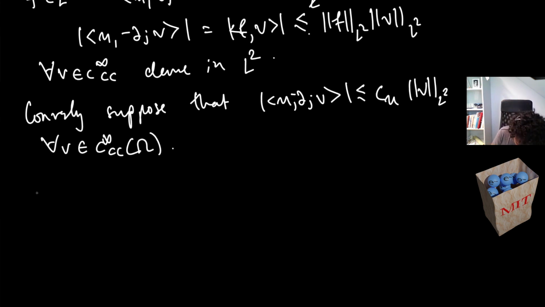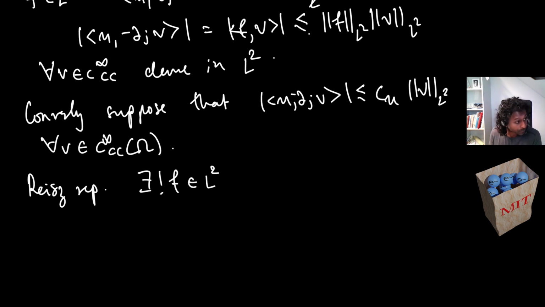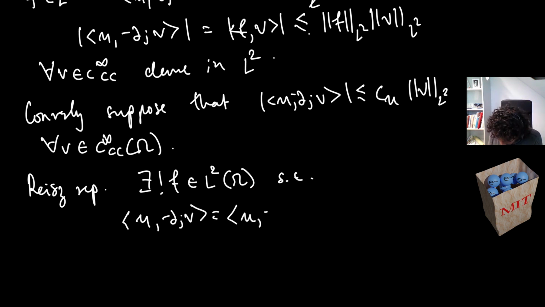So by the Riesz representation theorem, we have a unique F in L2 such that U negative partial J V is precisely equal to this F V.